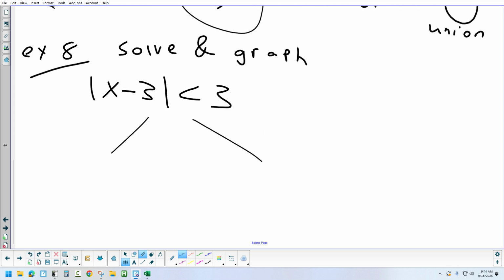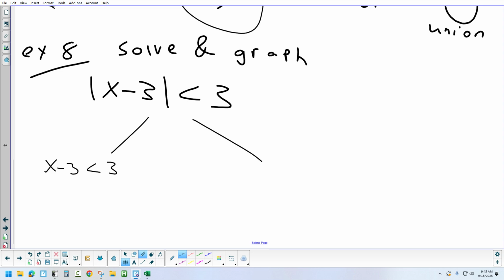Can anybody tell me the first inequality that I'm going to split that into that does not have an absolute value bar in it? Vince? Would it be like remove your bars and it would just be like x minus 3 is less than 3? Yep, so the first one would just be x minus 3 is less than 3.